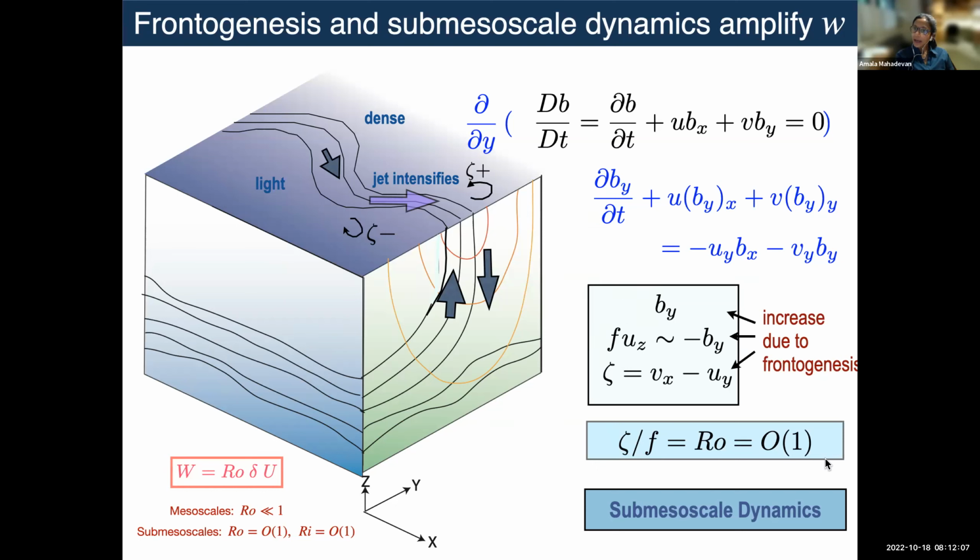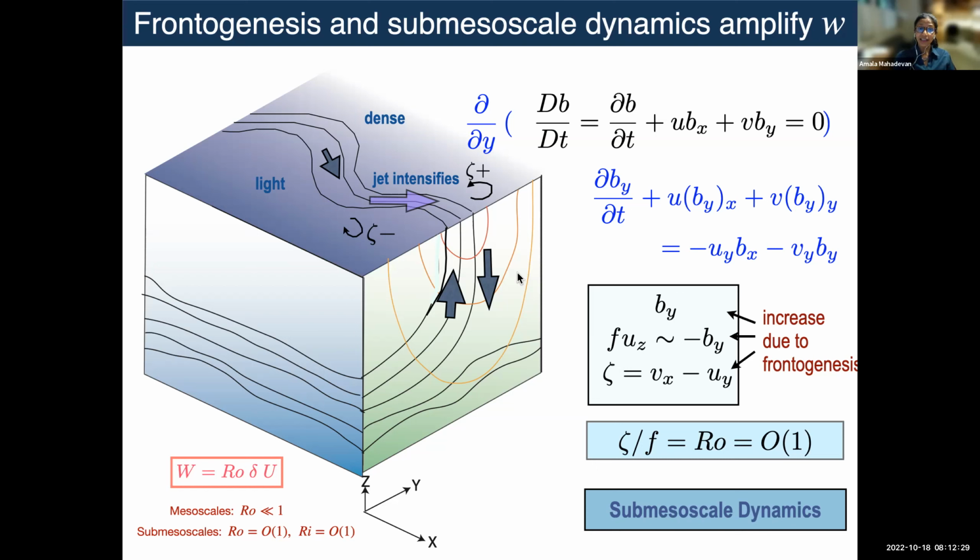Rossby number order 1 means that the geostrophic constraint is not so strong, and you get a secondary circulation at the front with upwelling on the warmer side and downwelling on the colder side. And so that's why we think that these submesoscale dynamics, where locally the Rossby number becomes order 1, are really important.